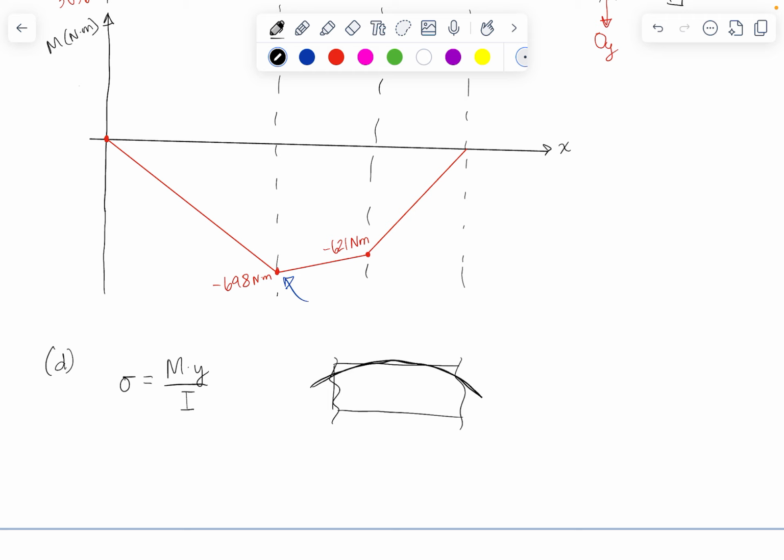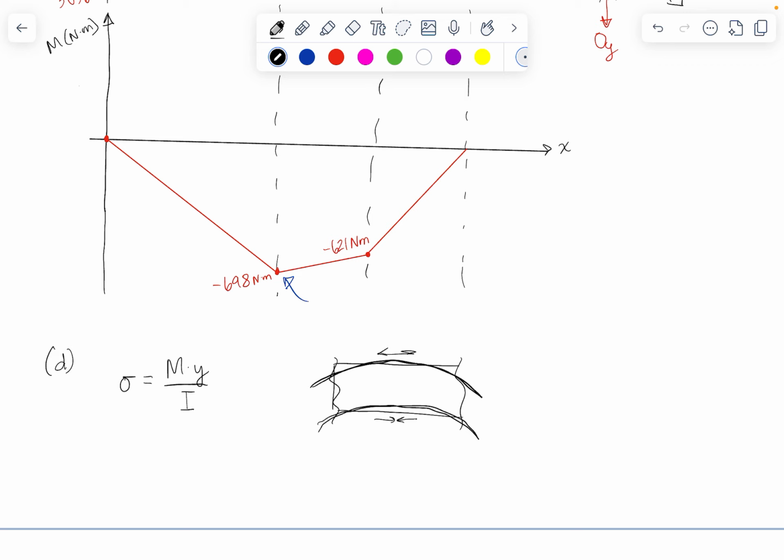So I think of negative bending moment as a frowny face, positive bending moment is a smiley face. We're bending downwards, and that means that the fibers on the top of this beam are getting stretched, right? You can imagine that we're pulling apart the fibers here, and the fibers at the bottom here are getting compressed.